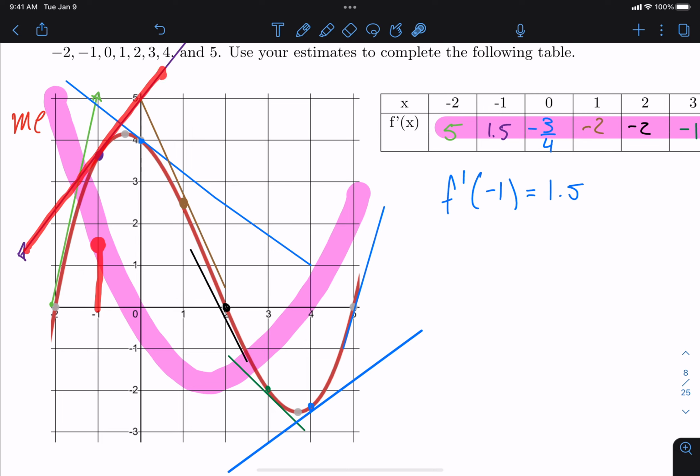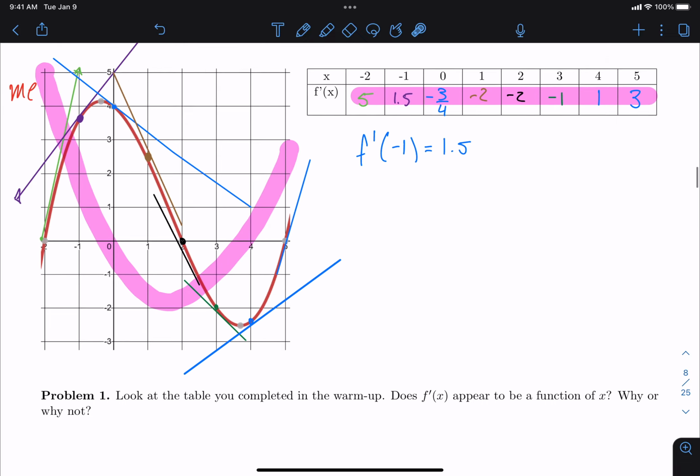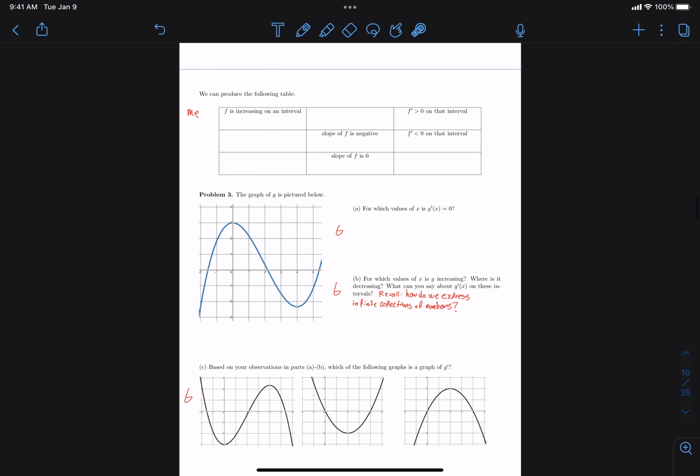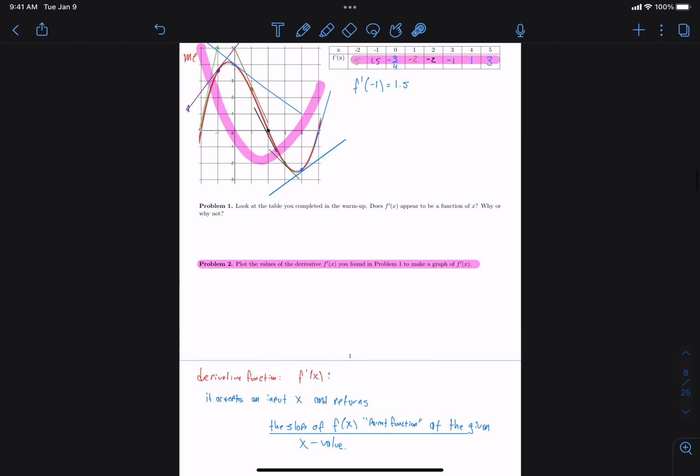So the height of the derivative function is given by the slope of another function, its parent function. We call it the parent function because the derivative comes from the original function. All right, questions about that so far before we do a little... Oh, well, we got one more thing and then some group work.